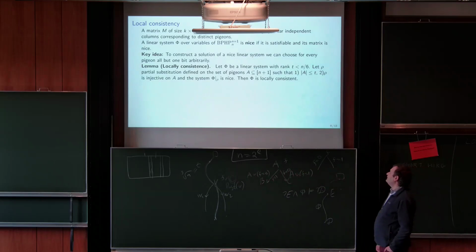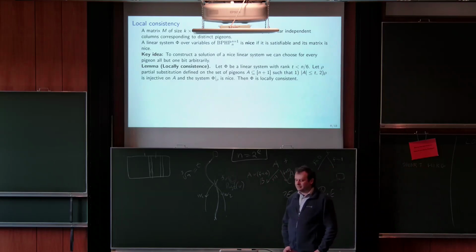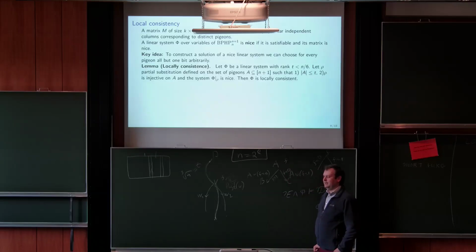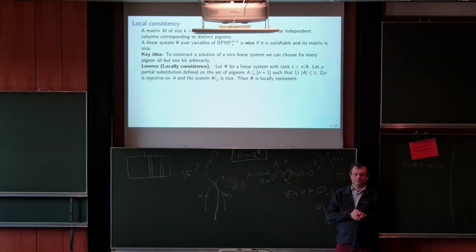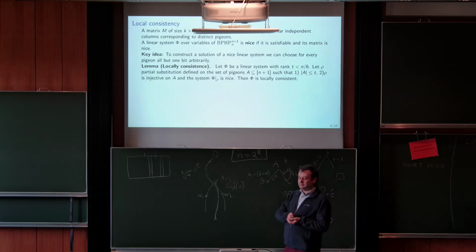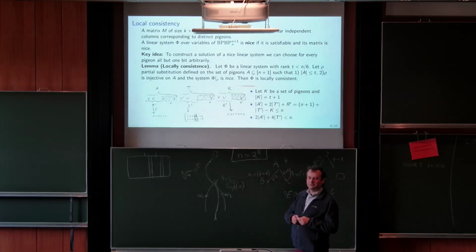Assume that phi is a linear system with small enough rank, and let rho be a partial substitution defined on the set of pigeons A, such that the size of A is at most the rank and rho is injective on A. And assume that the system after this substitution rho is nice. Then the system phi is locally consistent. And this is rather easy. What should we do?